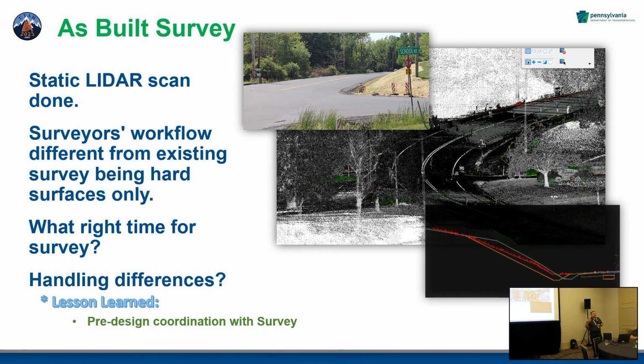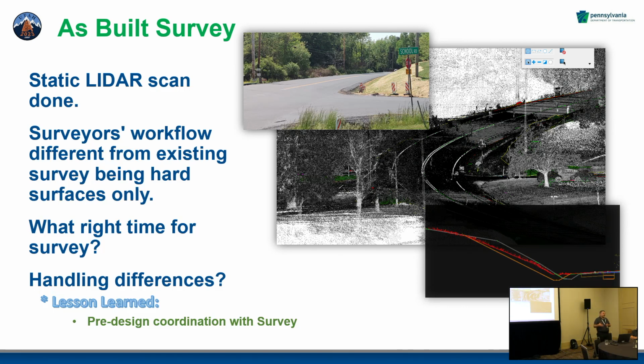They forgot about the whole line of sight problem with LiDAR. We got that survey back and, wait, we've got holes here. They had set up on the low side of the super, so they didn't capture that fill slope on the downside. Some of the older workflows have to be rethought, even when we go into that aspect.